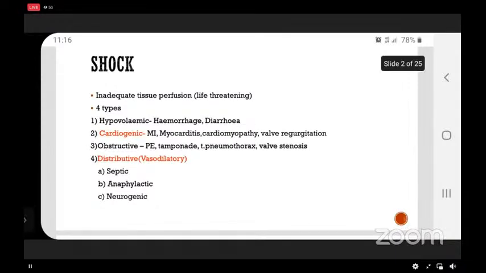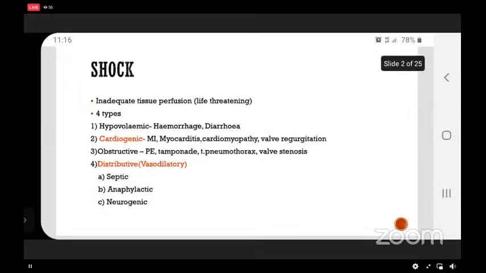So first you should be able to identify what is shock and what are the features of shock. By definition, shock is inadequate tissue perfusion. So obviously it is a life-threatening condition. How do you identify clinically whether a patient is in shock?